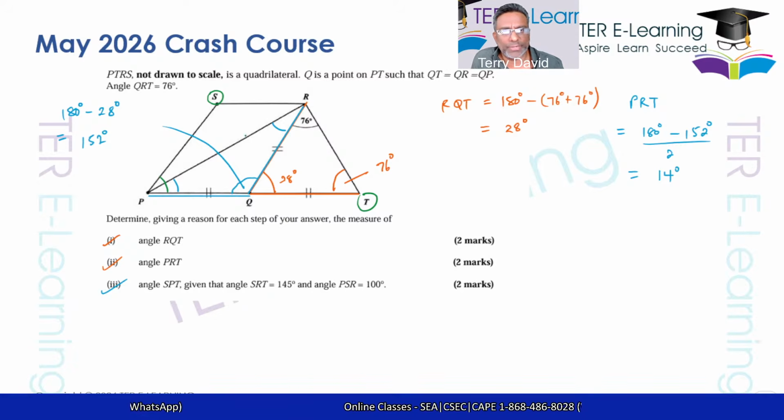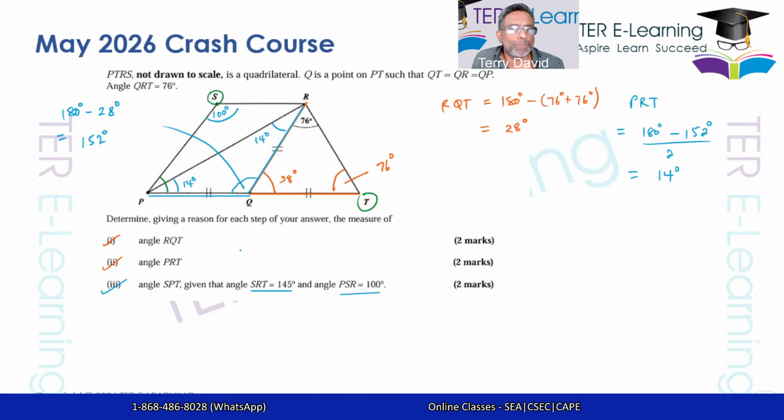Okay, so I need to put in some angles here before I do anything else. So this here is 14 degrees. This is also 14 degrees. Now they are telling me here that SRT, that's this angle here, is 145 and PSR is 100. So PSR is 100. So this here is 100 degrees.